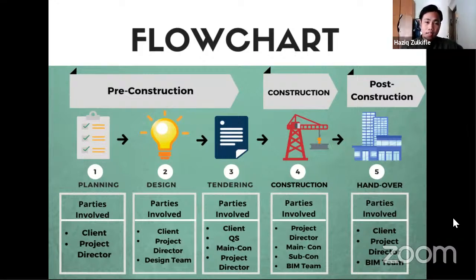In the design phase, the client, project director, and design team such as the QS, architects, mechanical engineer, and structural engineer are involved in the designing. The last phase in pre-construction is the tendering phase, where the parties involved are the client, QS, main contractor, and project director.